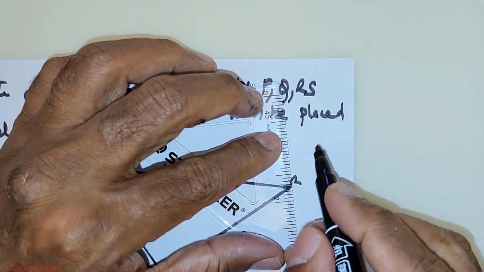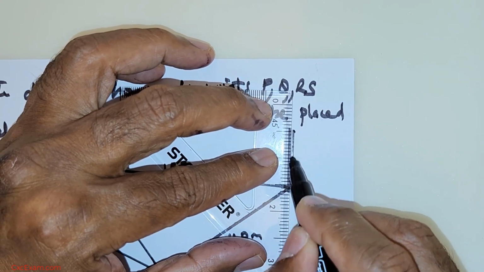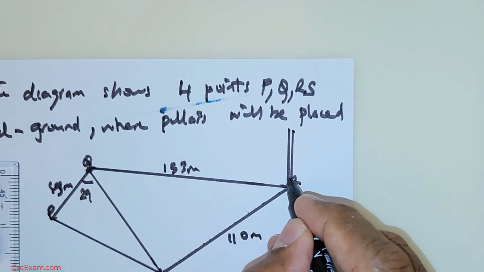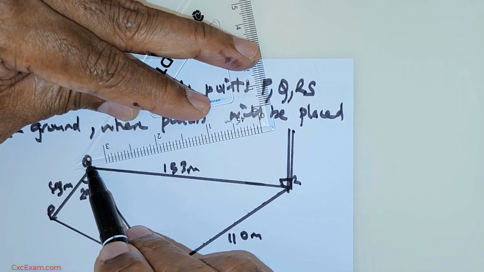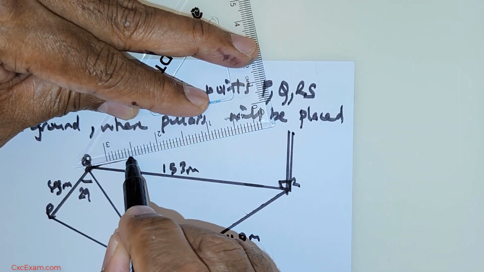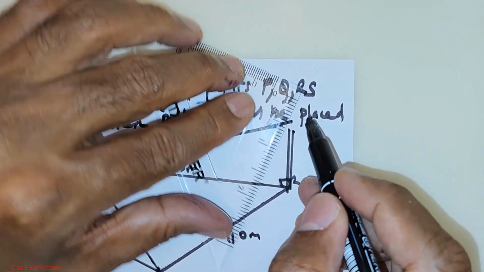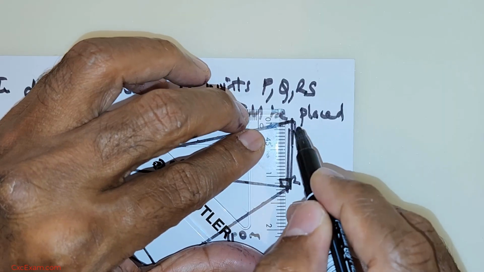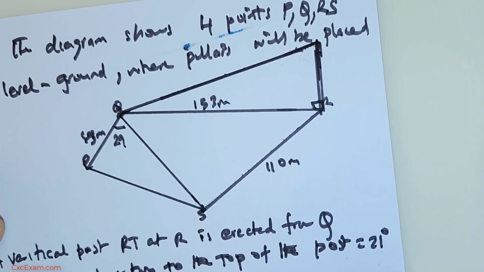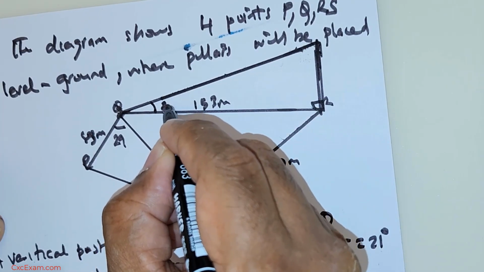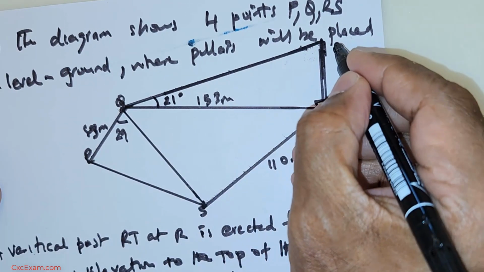So what they are saying is, you have a post that is being erected, a pillar or something of that nature. This is vertical, so that means this is 90 degrees. Now from here somebody is looking, and this angle of elevation is given as 21 degrees. So this is RT.